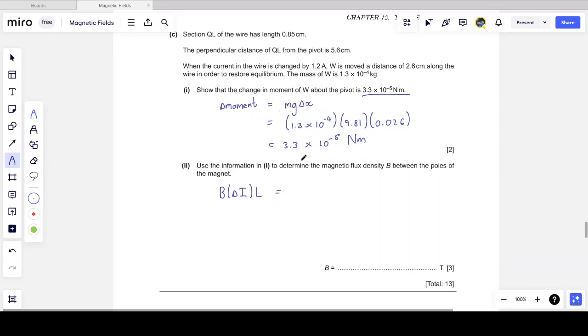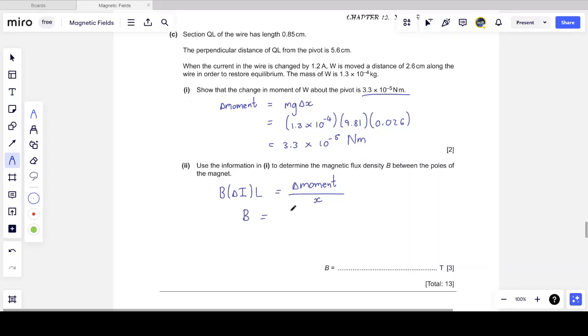But the change in force is simply the change in moment over the change in x. And so I can write this as the change in moment, which I've calculated, divided by the distance over which the weight has been moved, which I was told is 5.6 centimeters. But what I actually want here is B. I want the magnetic flux density.